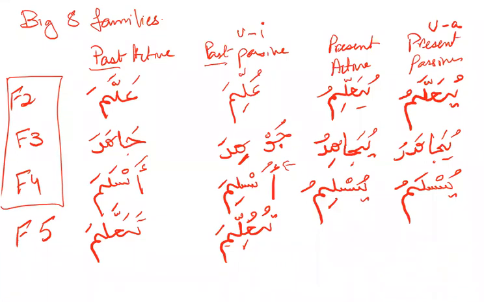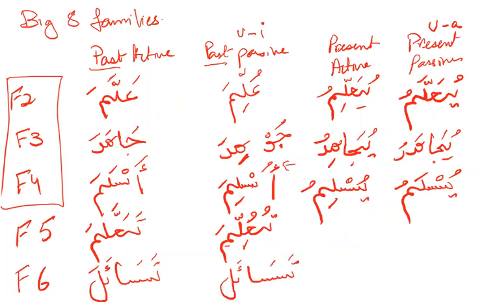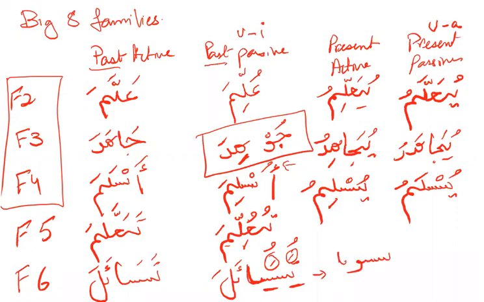Okay, let's see family 6. Let's do tasa'ala now. Now what happened is that you have tusu'ila. Tasa'ala, yes. So now you have ta and fa kalma, both have fatha. So you will have to change these into u and u. Then u and alif don't mix, right? Like they did not mix in juhida. So then this becomes tusu'ila.